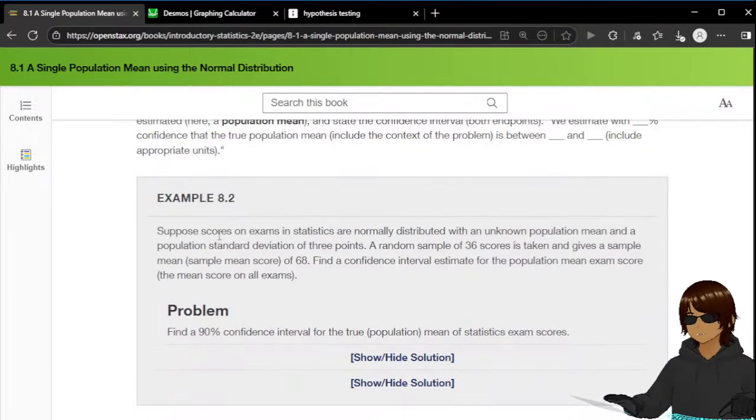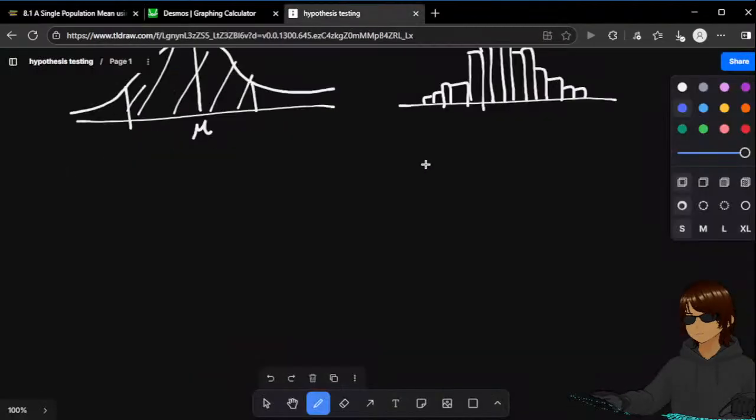Suppose scores on exams in statistics are normally distributed with an unknown population mean and a population standard deviation of 3 points. So, scores on exams. I will use the white marker.